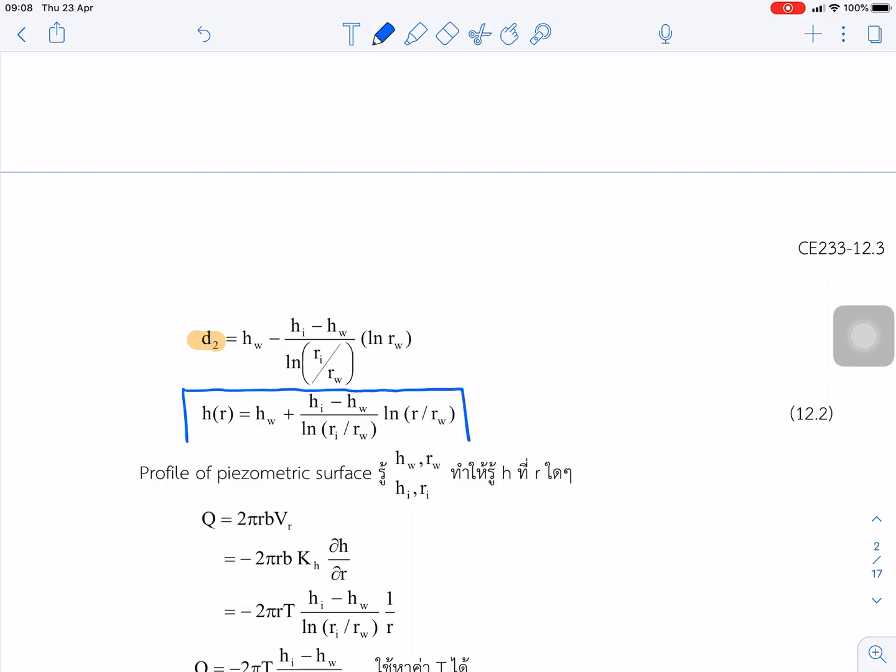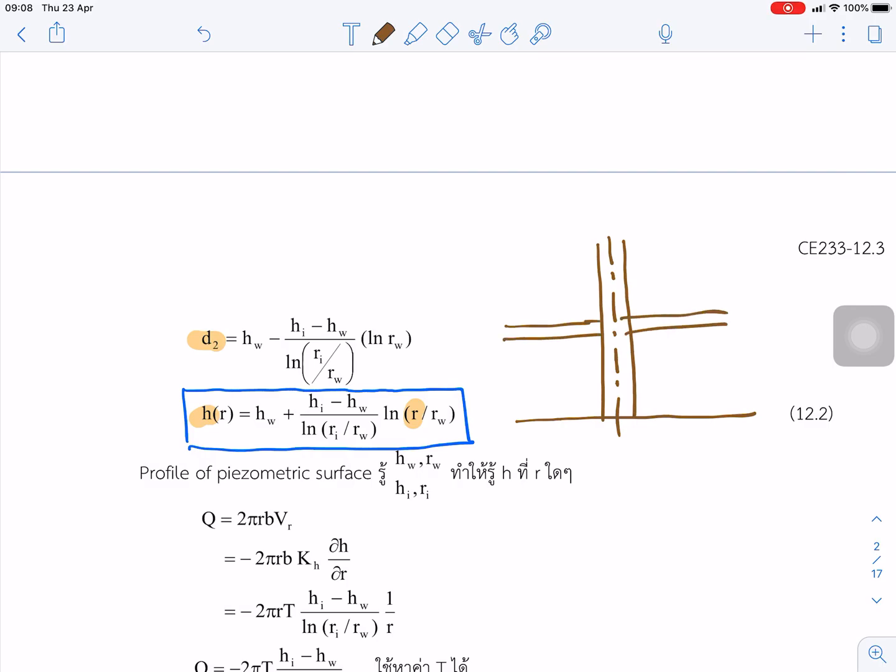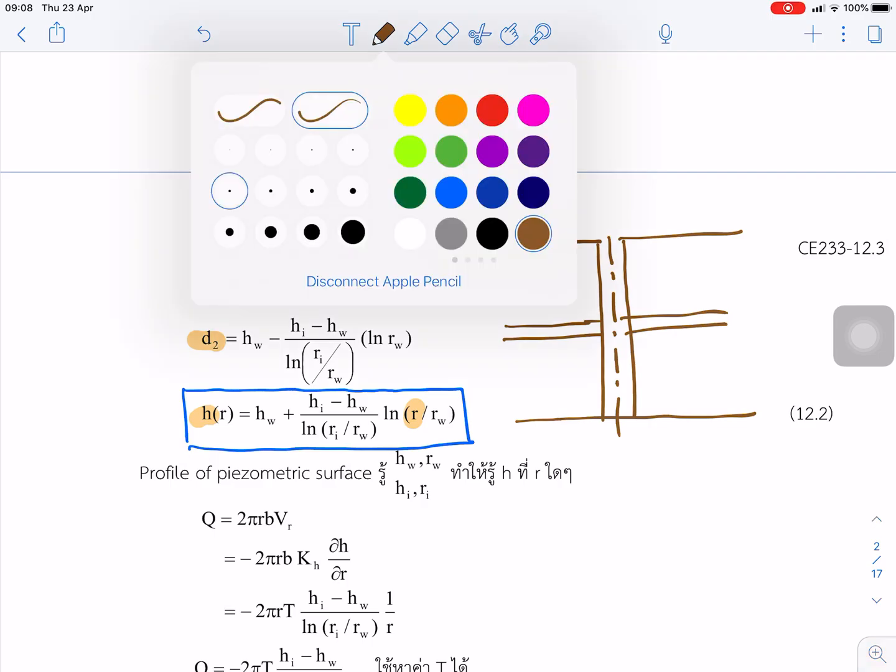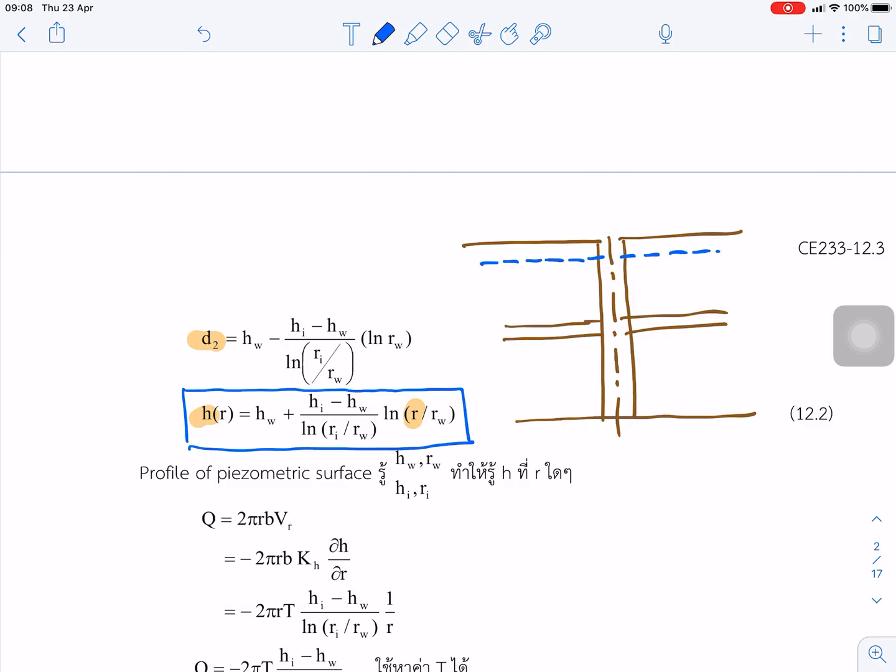H is a function of the radius. This curve represents the drawdown curve in the confined aquifer.